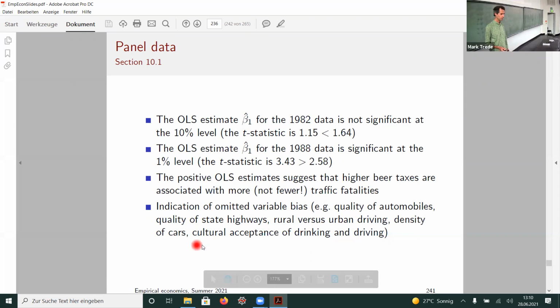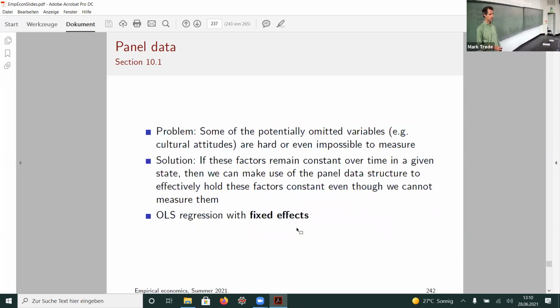So this variable might be an omitted variable which causes bias. And if we have this kind of omitted variable bias, then we should try to include the omitted variable. So we should try to include the cultural attitude in our regression model. But how could we do that?